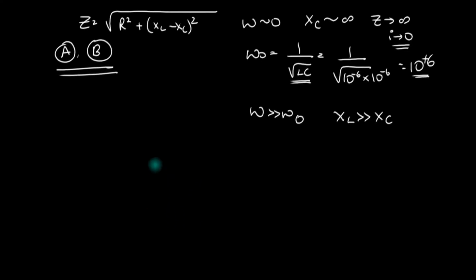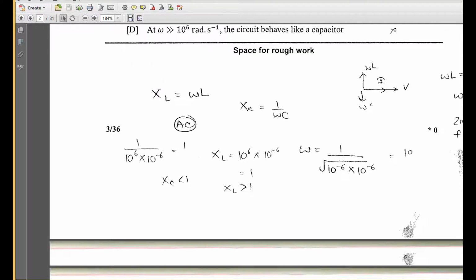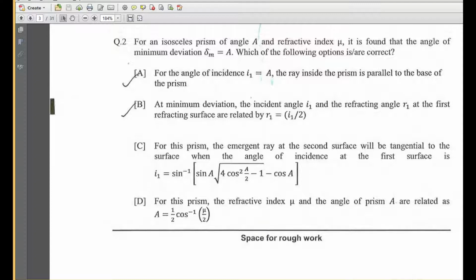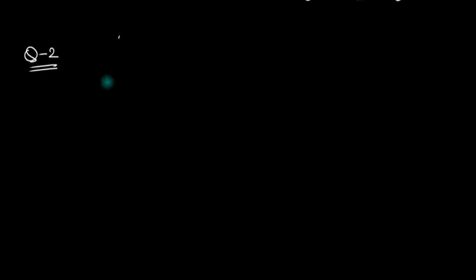Alright, let's quickly go to question number 2. Let's move down to question 2. We have an isosceles prism of angle A and refractive index mu, and it is found that the angle of minimum deviation equals A. So we have an isosceles prism.